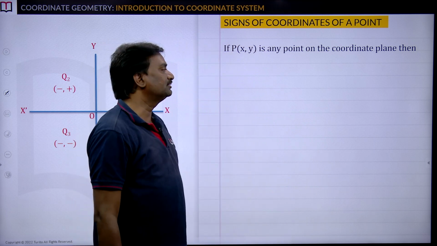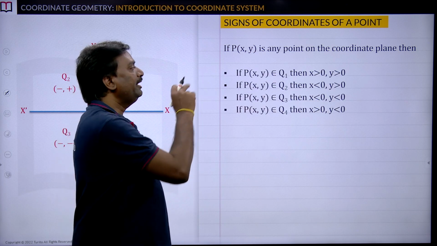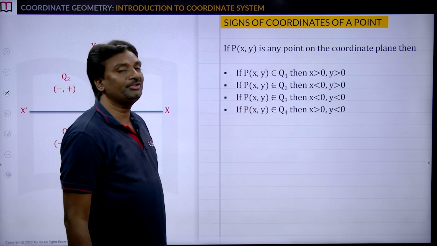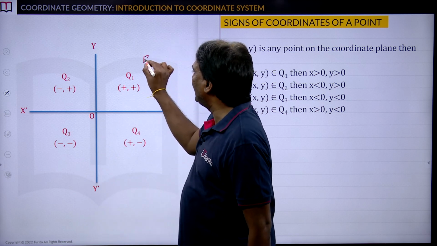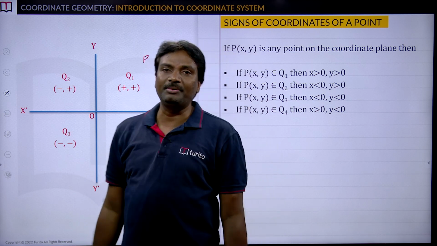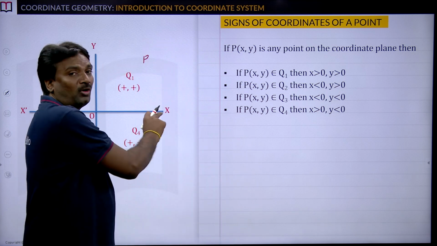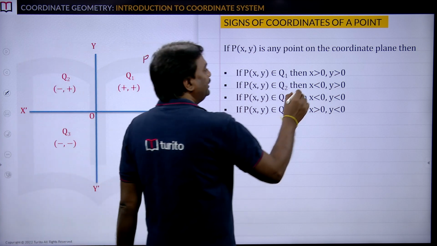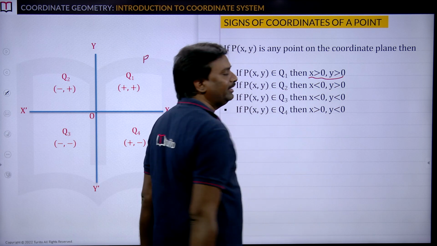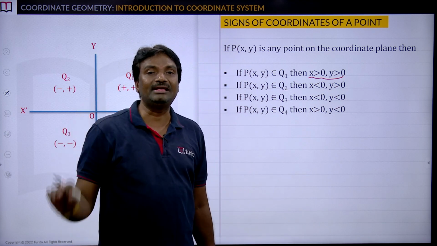If P(x, y) belongs to Q1, I am taking P in the first quadrant. With respect to the first quadrant, this is the positive x axis and this is the positive y axis, so you can take x greater than 0 and y greater than 0. Greater than 0 means positive real numbers.